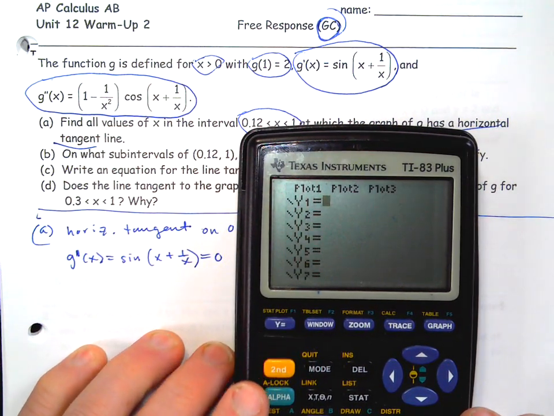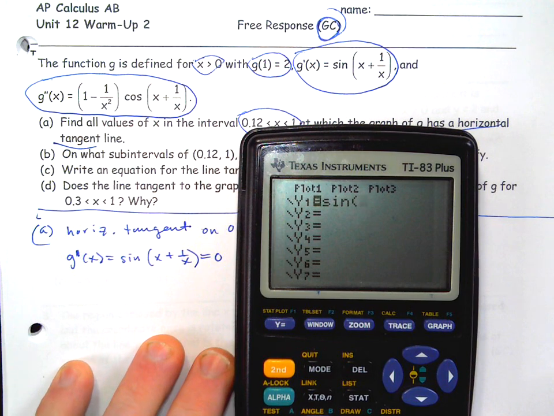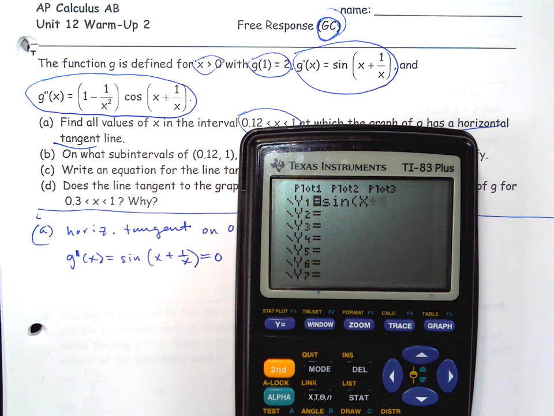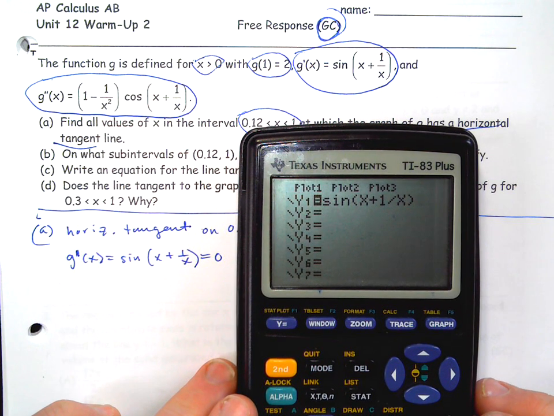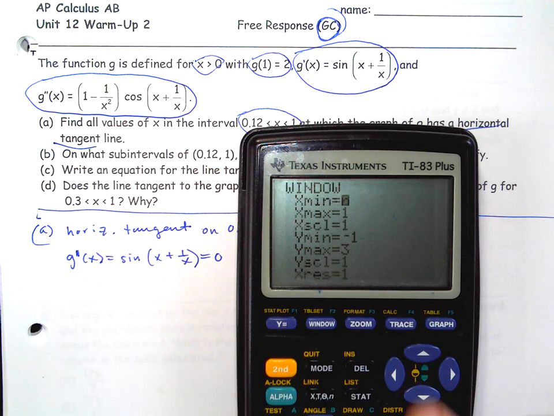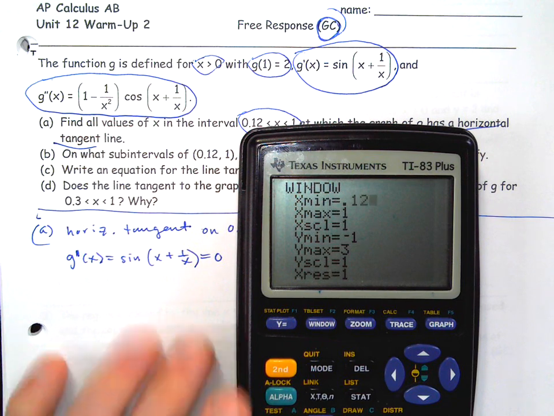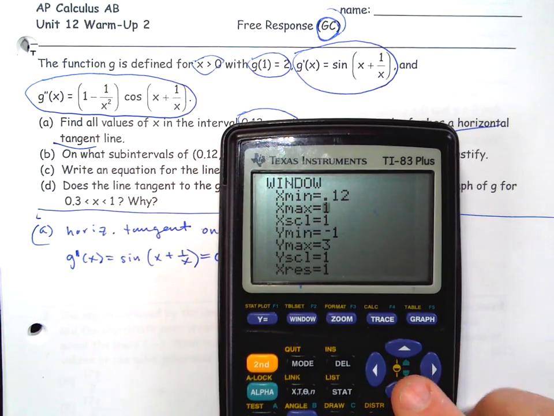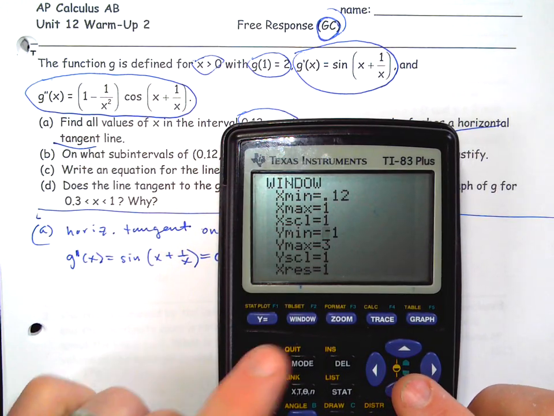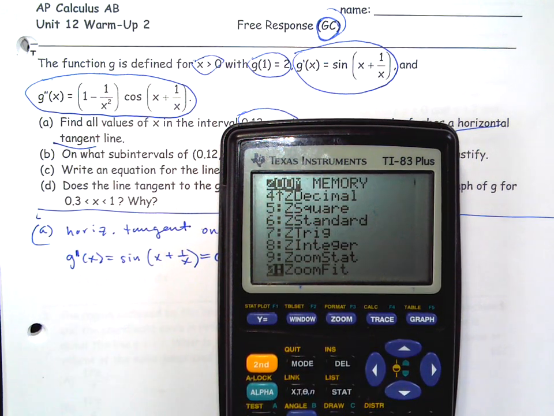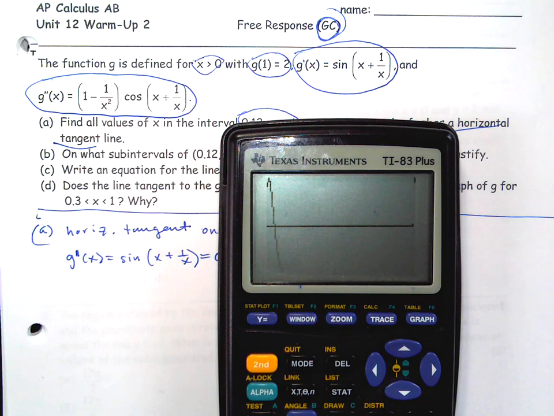So the way I'd find this is I would do sine of x plus 1 over x. And I go to the window and I go 0.12 to 1. And we could try zoom fit, which takes your x window and pre-calculates all the y's to adjust the y window.